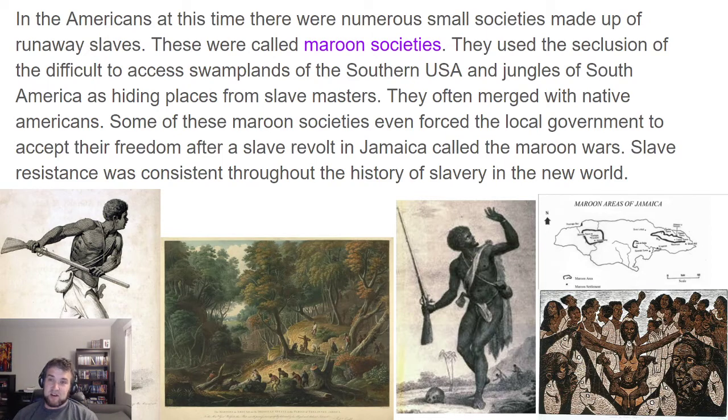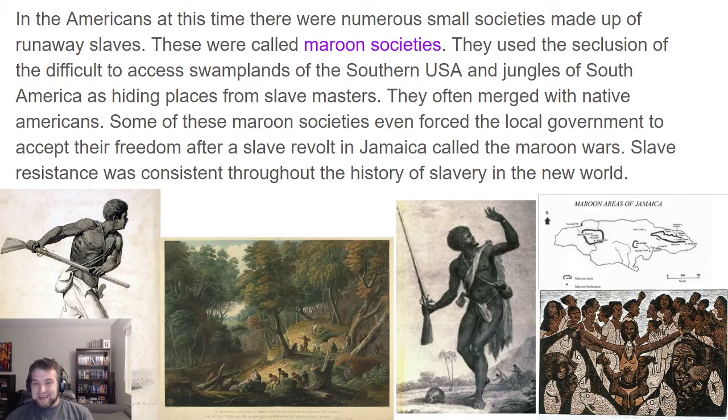These are collectively called maroon societies. And when Europeans were like, oh man, we've got to go into the swamp and find out where all those runaway slaves are, they would go into the swamp, mosquitoes would bite them, they'd get malaria, and they'd die. So it didn't really work out for them.